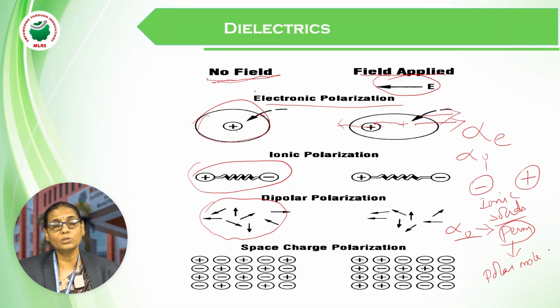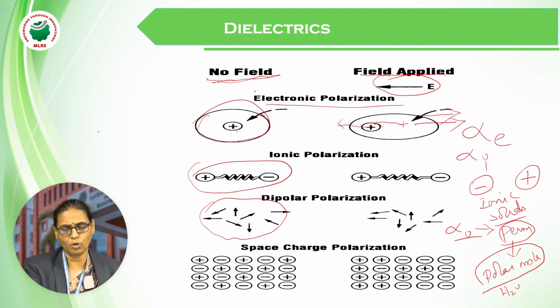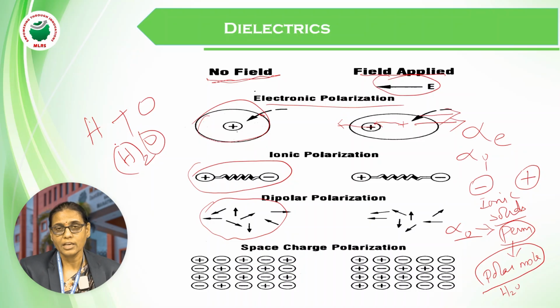No other molecules show this type of polarization; it takes place only in polar molecules. Water is the best example of a polar molecule. To form a water molecule, we combine hydrogen and oxygen. Now, if someone asks, I want my hydrogen back, I want my oxygen back, is it possible to separate these two atoms?